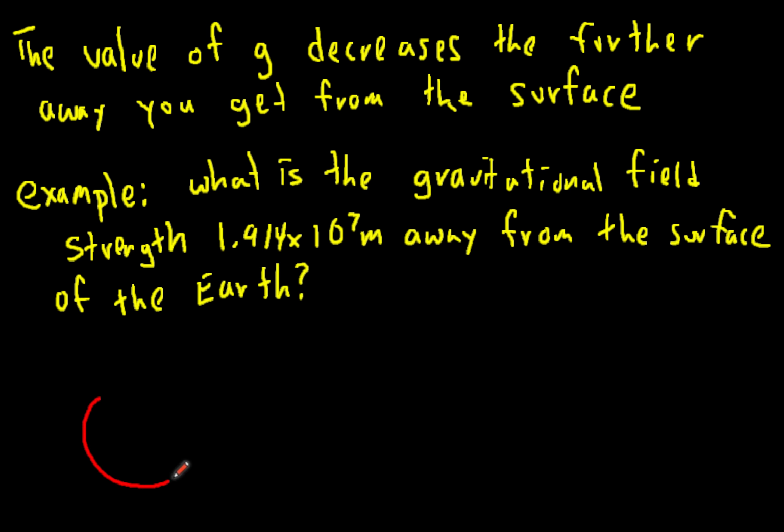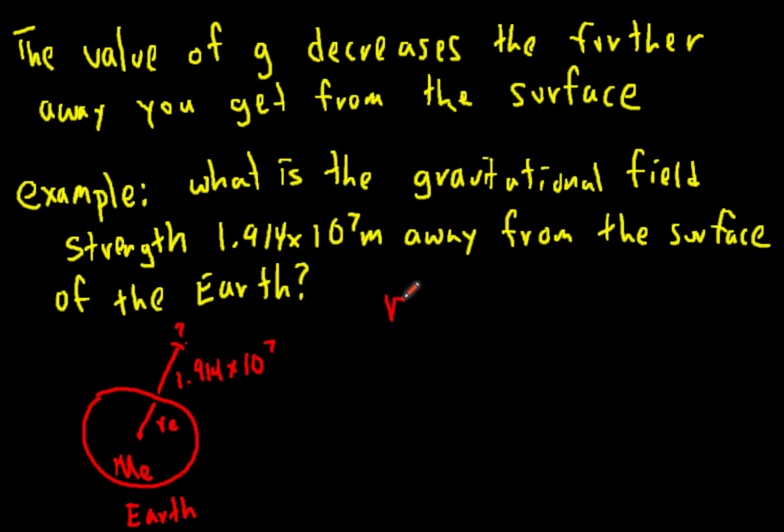So we have the Earth, which has a mass of the Earth. And the Earth has a radius. We're going to call it RE. And we're looking for the value of g, 1.914 times 10 to the 7 meters away from the surface.